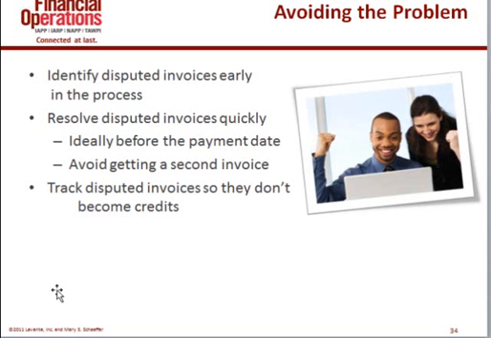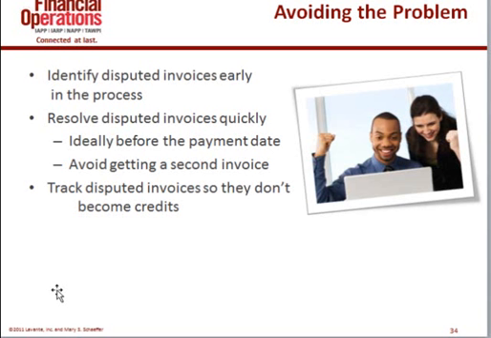So you need to identify them, track them, and ideally the manager of the AP department or the supervisor, depending upon how you set up, should be tracking these disputed invoices and following up on them regularly with the processors or whoever it's supposed to be to make sure that they're resolved so that they don't ultimately lead to a credit situation, or a disputed invoice, which then leads to a second invoice and a duplicate payment or whatever, okay?